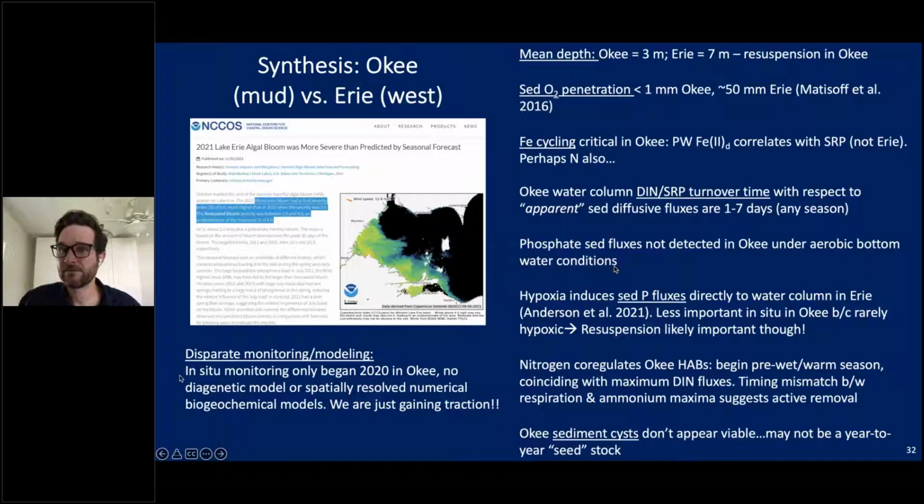We don't detect sediment phosphate fluxes under aerobic bottom water conditions. I think you do detect some in Lake Erie, but you detect much more under hypoxic conditions.